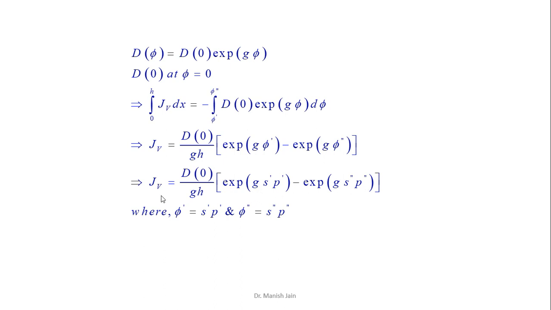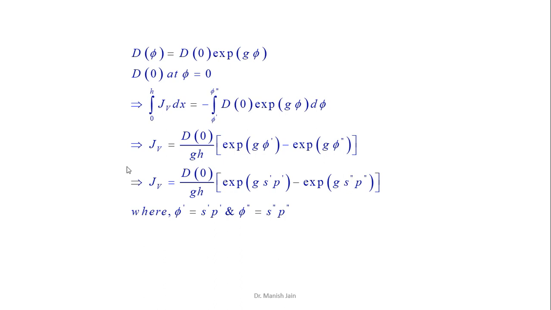So here you can write JV equal to D naught divided by GH, exponential of G S dash P dash minus exponential of G S double dash P double dash. Here we assume that the Henry's coefficients are different at the two sides of the membrane. At the feed side it is S dash, at the permeate side it is S double dash.